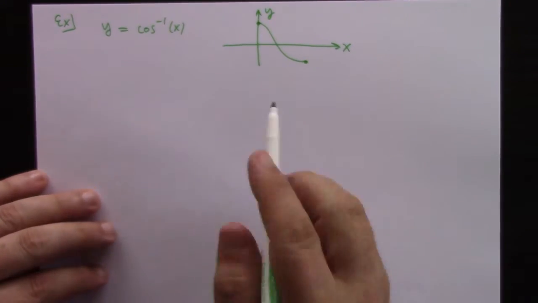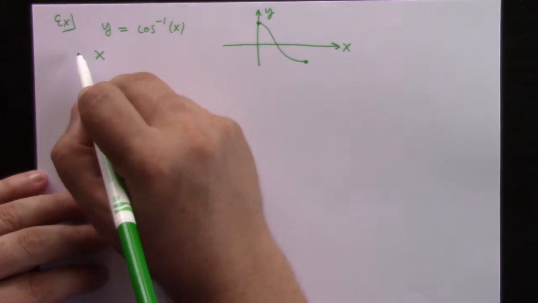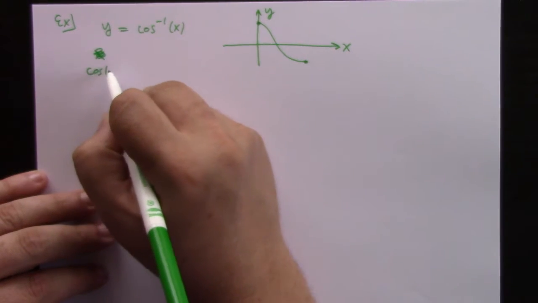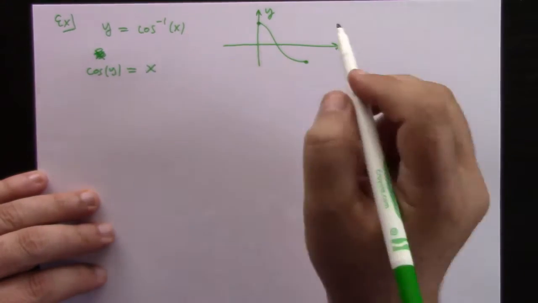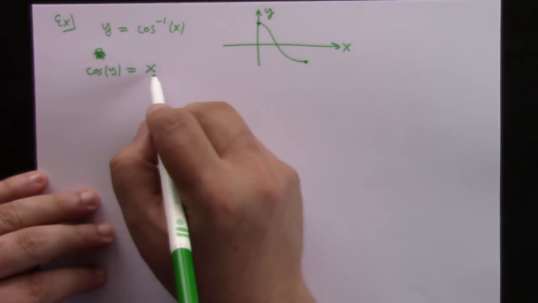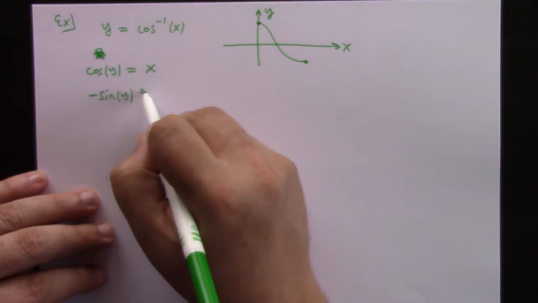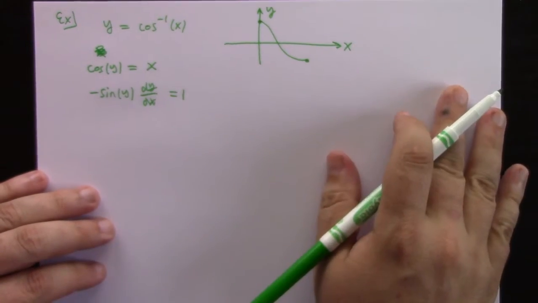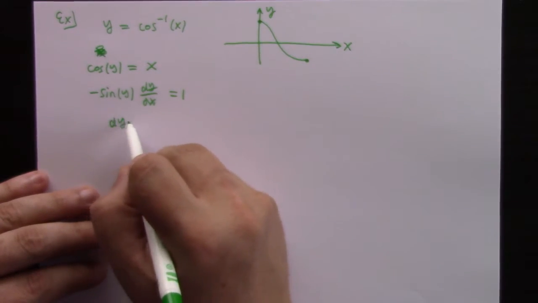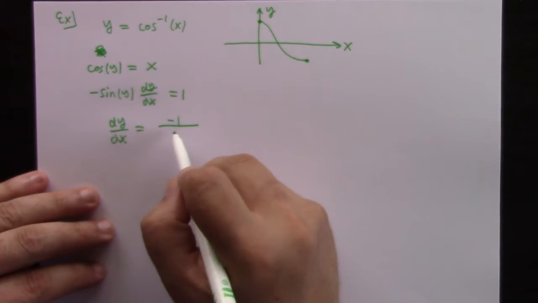And so if I go through this same song and dance, I have cosine of y is equal to cosine of cosine inverse of x, which is x, right? Differentiate implicitly with respect to x, we get minus sine of y dy dx equals 1, right? And so that gives me dy dx is equal to minus 1 over the sine of y.